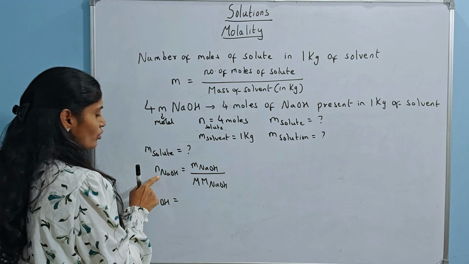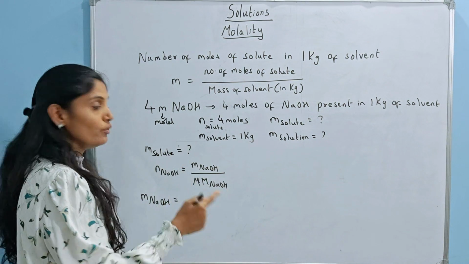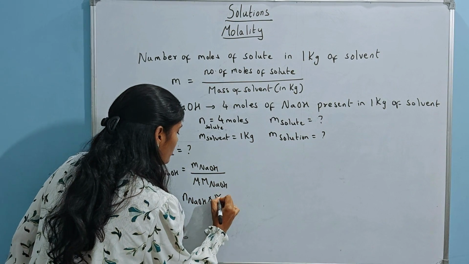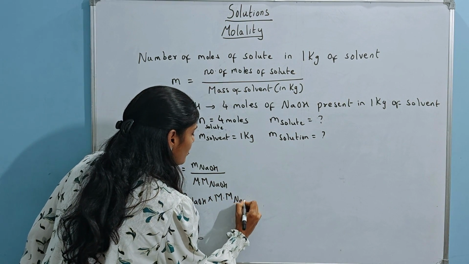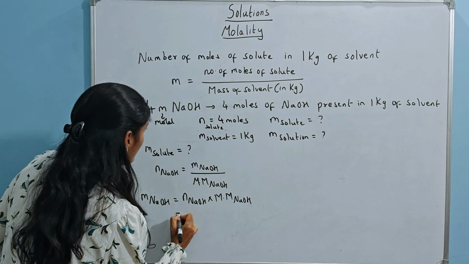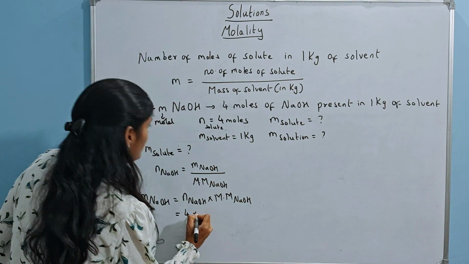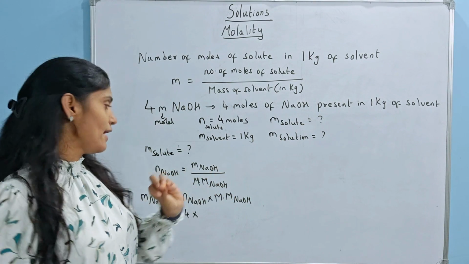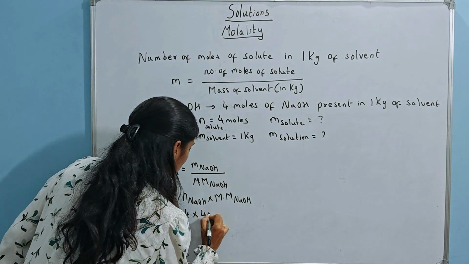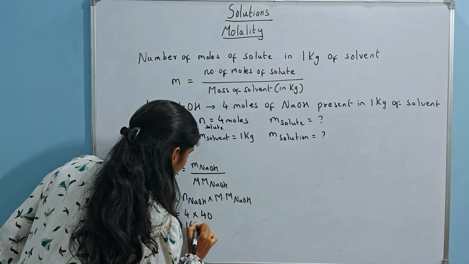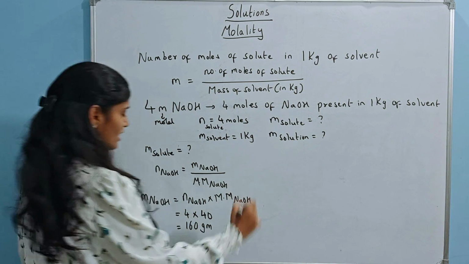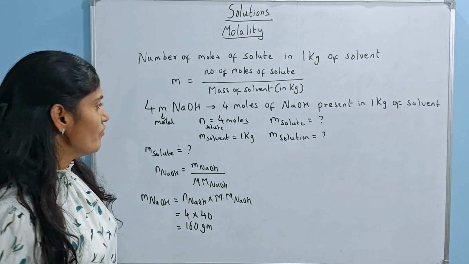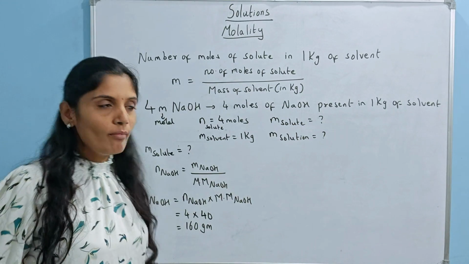Mass of NaOH is equal to number of moles of NaOH into molecular mass of NaOH. 4 into the molecular mass of NaOH, which I have already calculated many times, is 40. That is equal to 160 grams. So I got the mass of solute as 160 grams.